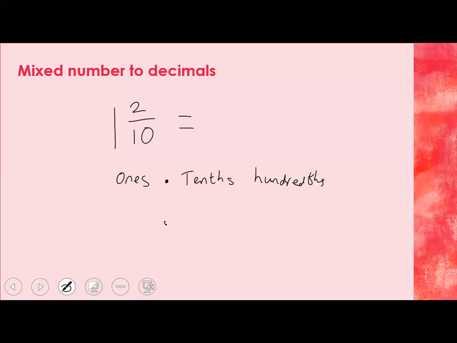Okay, how many whole ones have I got in this number, 1 and 2/10? Well done if you worked out that here I've got 1. I've got 1 whole one. And how many tenths do I have? I have 2/10. So writing 1 and 2/10 as a decimal number would be 1.2.